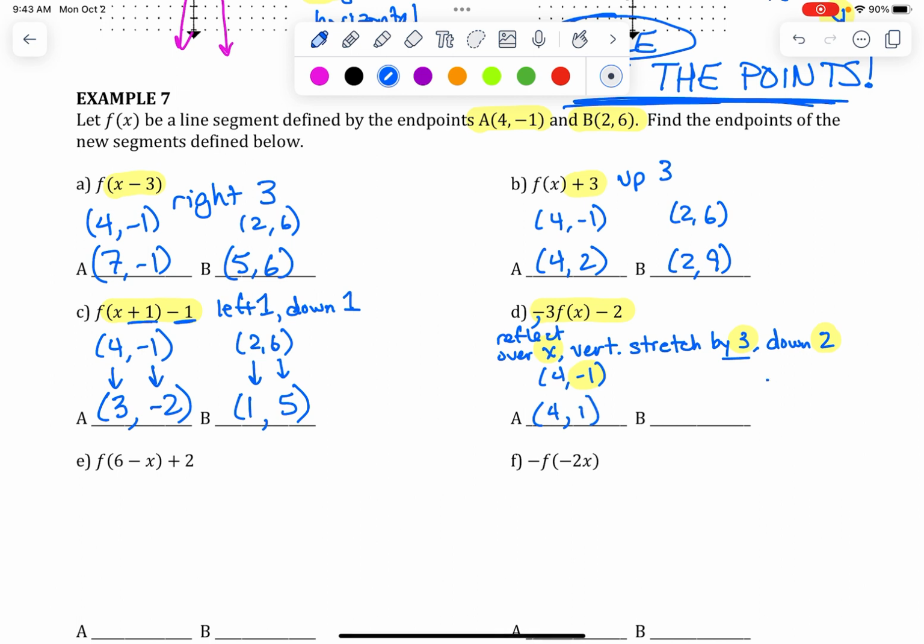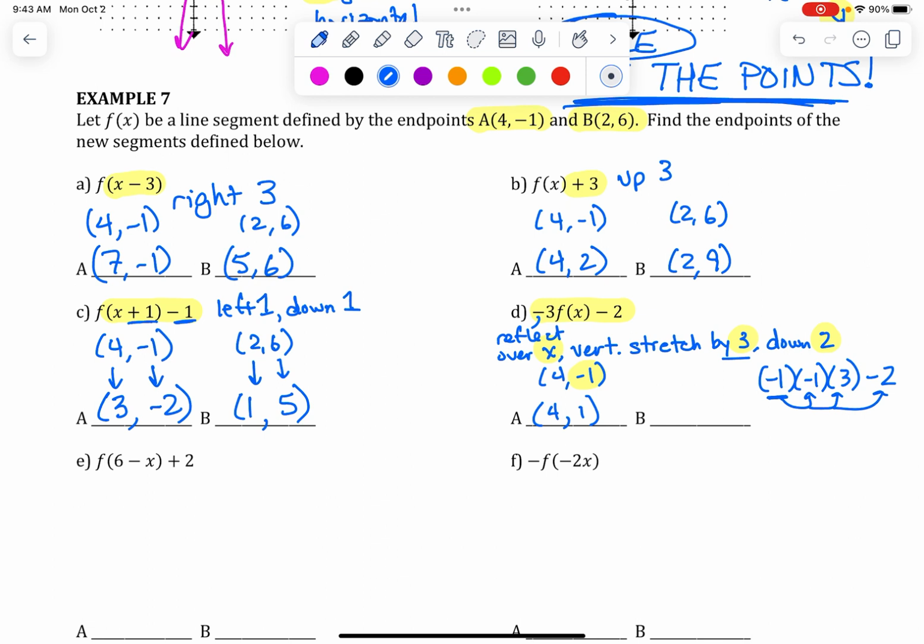We took the -1, our y value, we multiplied it by a -1, and then we multiplied it by a 3, and then we subtracted 2, right? So that's the process that we use. Started with -1, multiplied by -1 to make it +1, multiplied it by 3 to make it +3, and subtracted 2 to make it 1.